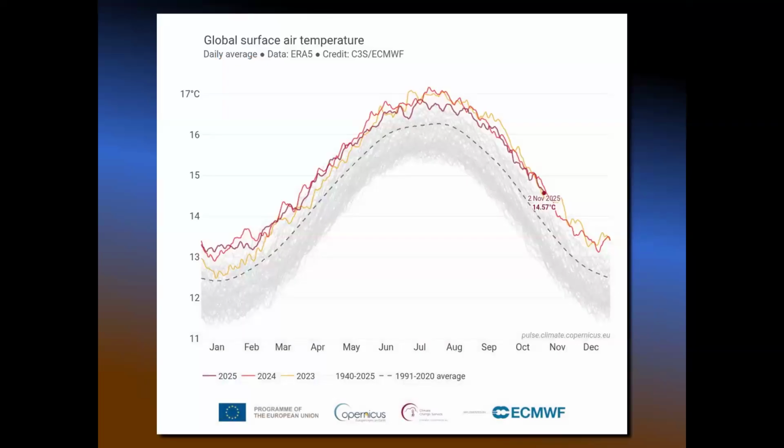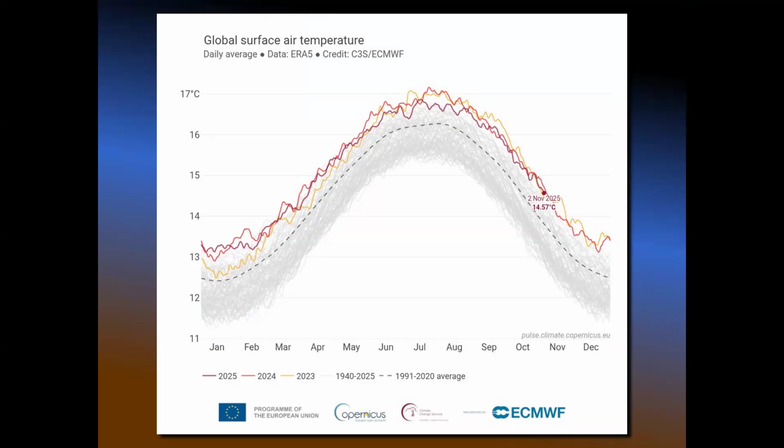Which brings us back to, are the temperatures still increasing? And this is showing fluctuations from January through December for a variety of years. You've got 1940 to 1925, you've got the 1991 to 2020 averages, and then you've got, so far as of the 2nd of November, more recent times.